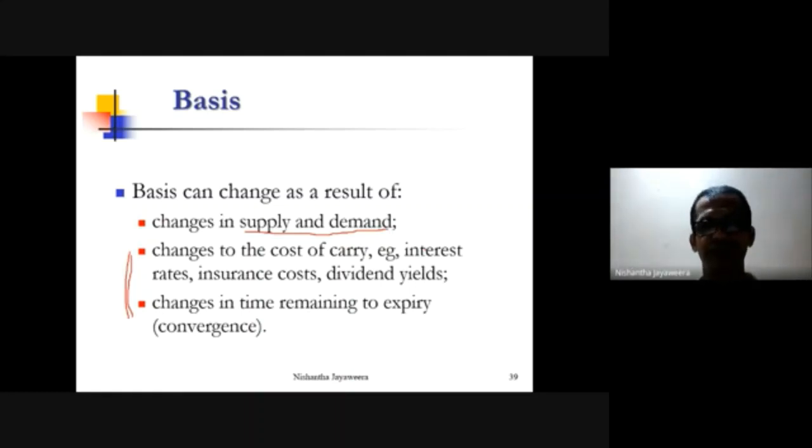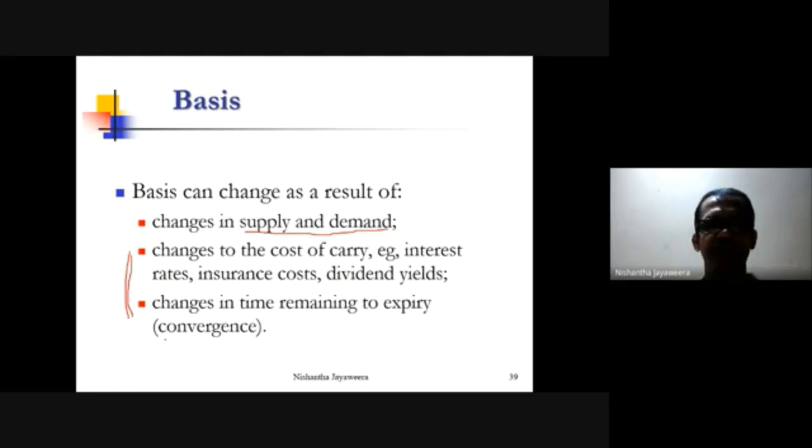Time to maturity, mostly at least the interest cost, we calculate based on the interest rate and time to expiry. When we get closer to maturity, the remaining time to expiry goes down, so your costs and benefits may be low.